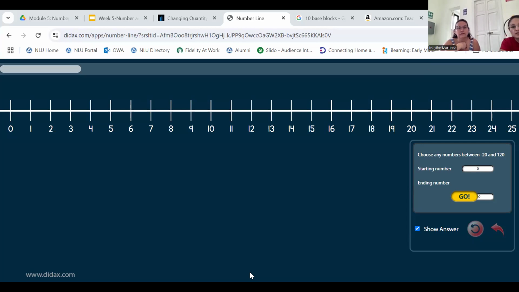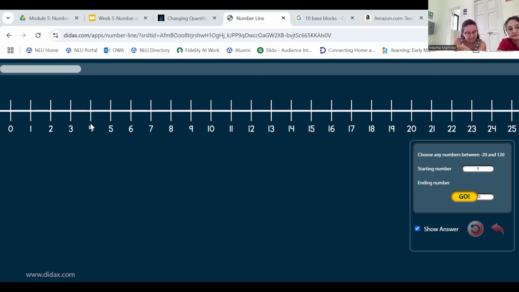For addition and subtraction, it's better to use a number line to help children see what it is. This one is more like an abstract idea. Ten frames and base 10 blocks are good for the concrete level when they're adding and taking away. Once they have fluency with that and you want to move on to more abstract ideas where they can quickly make those jumps, the number line is better.